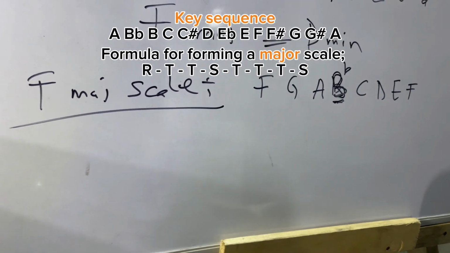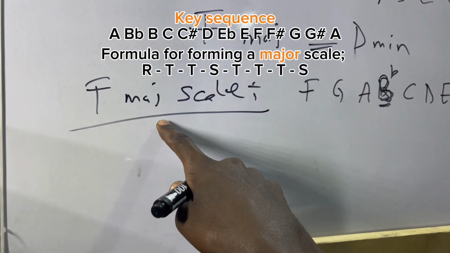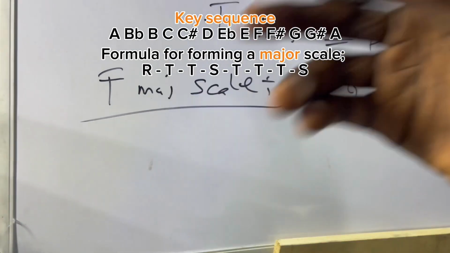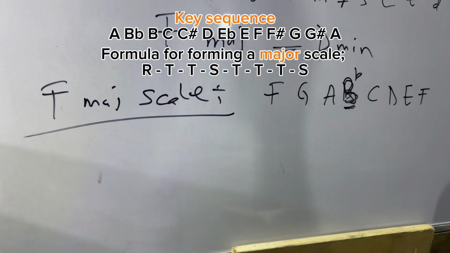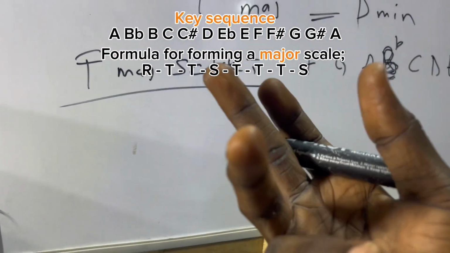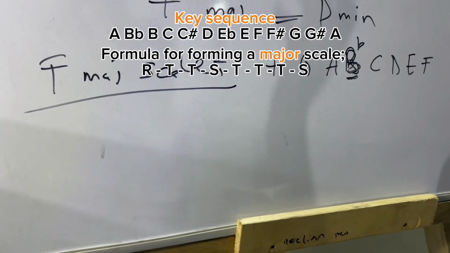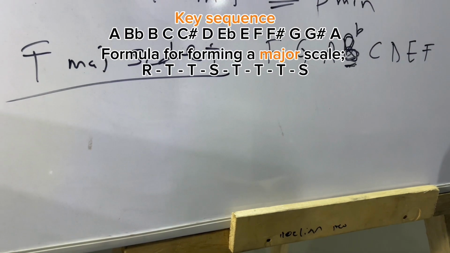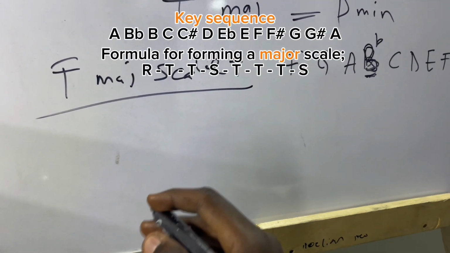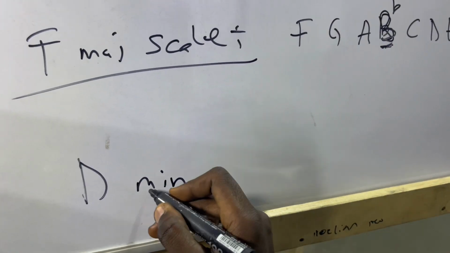Now, each major key has its relative minor, and each minor key has its relative major. So the relative minor of F major is D minor. Let's prove it. These are the notes in the D minor scale.